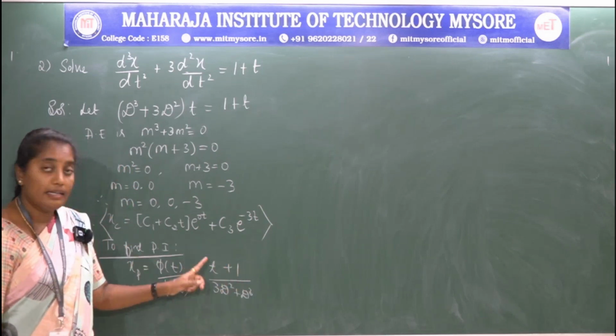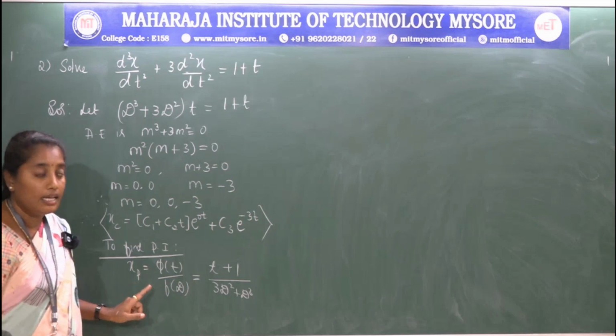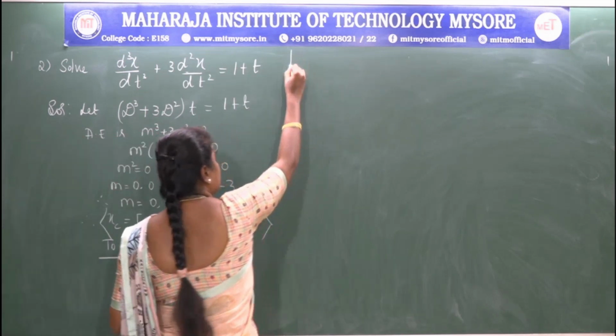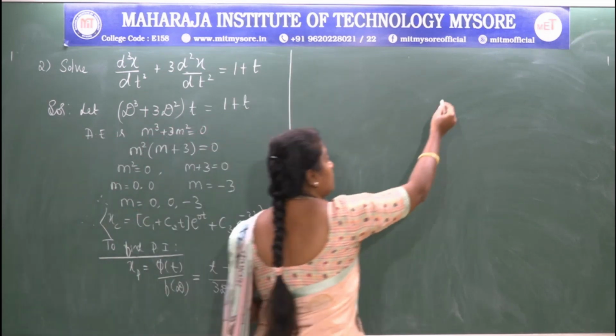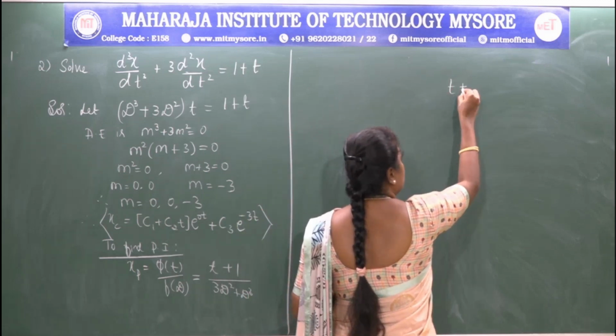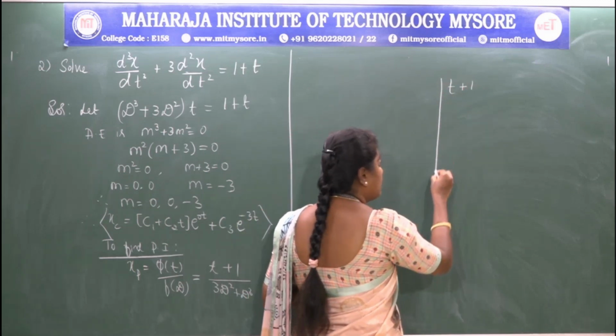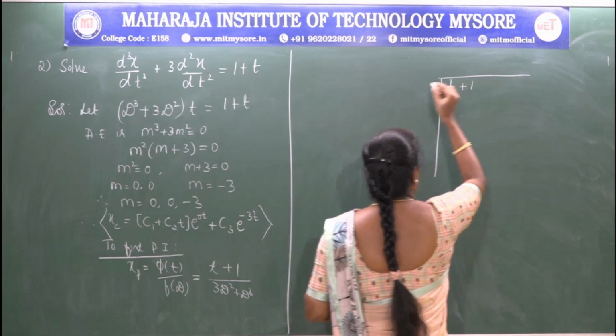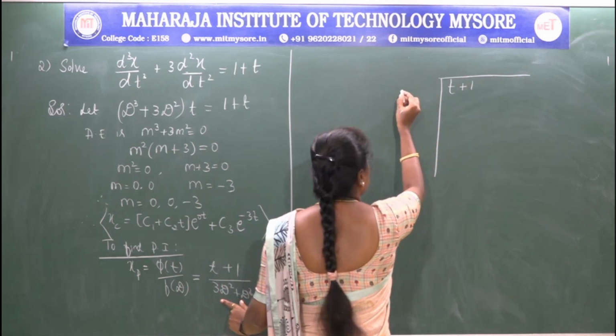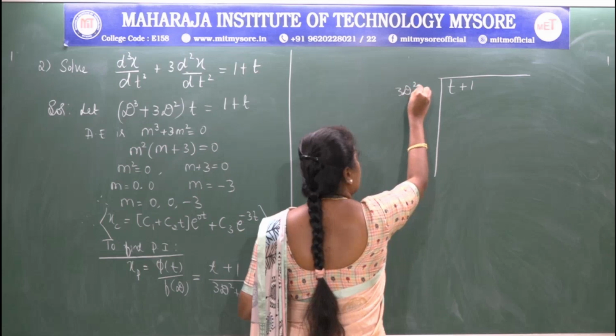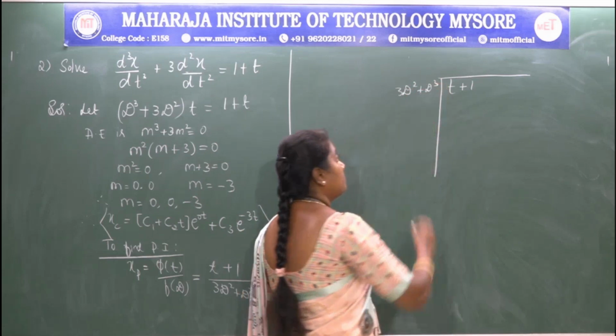So we have to write the numerator as descending powers and the denominator as ascending powers, that is 3d square plus d cube.